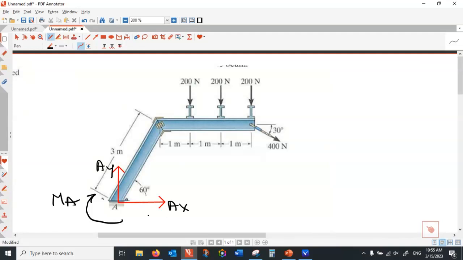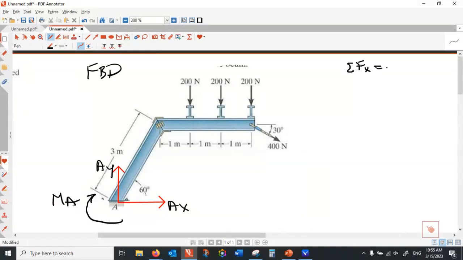Labeling is a very important part of the free body diagram. So that is my free body diagram. This is my laboratory. In this laboratory, I'm studying and calculating the forces. That is not very difficult, given that I have three equations.